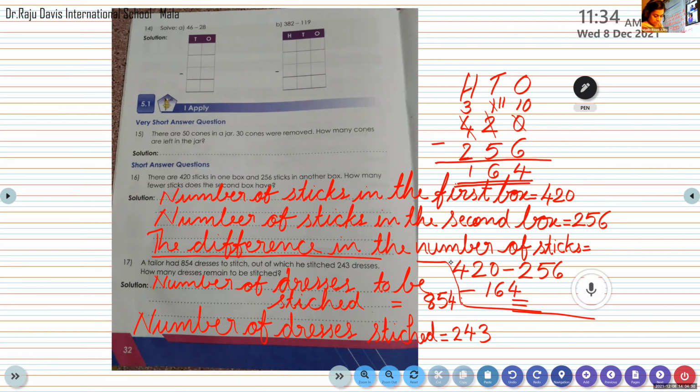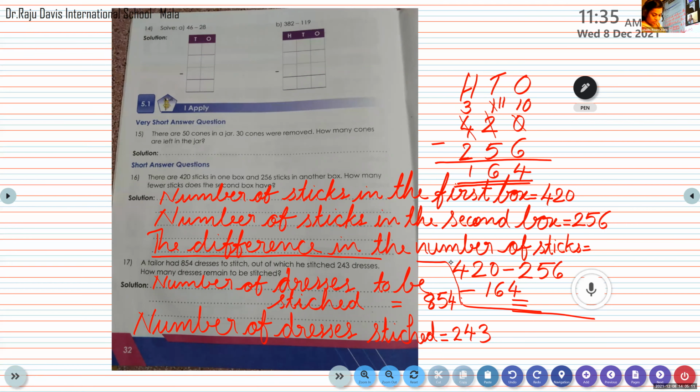Shall I rub it? Completed? Why are you very slow in writing?